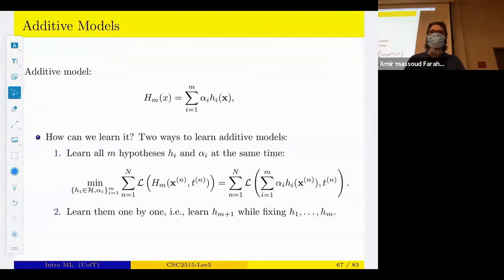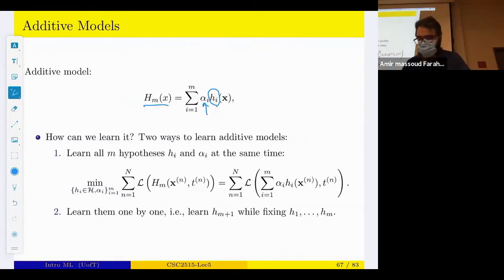So now the question is: we have this additive model, H_M, how should we learn it? Learning means finding each of the h_i's and the corresponding alpha_i's. One way to think about it is that we can learn all these M hypotheses h_i and all the coefficients alpha_i at the same time, which means that we have a loss function.